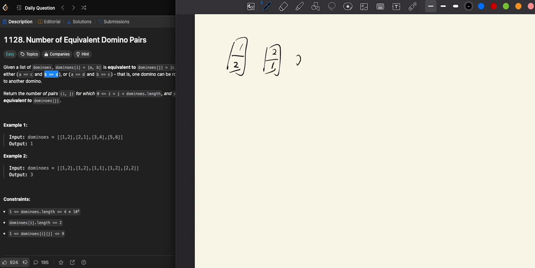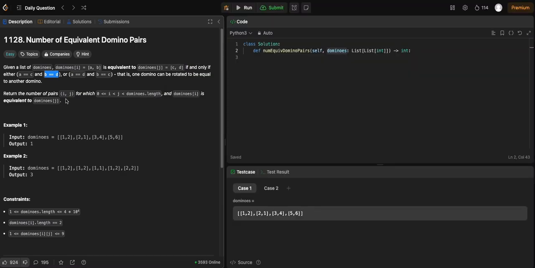So if you rotate it and it is the same, or if it is already the same, then it is considered equivalent. So we need to return the number of pairs i, j, so those are indices, and they're ordered as well, where dominoes i is equivalent to dominoes j.